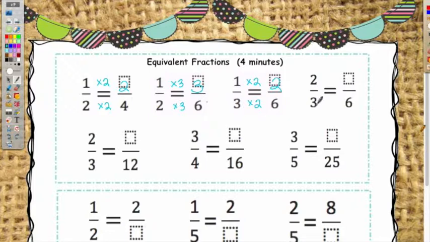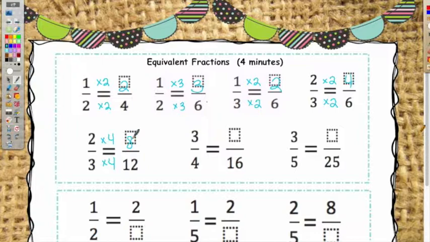Okay? 3 times something equals 6. So 2 times something equals 4. 3 times something equals 12. What is it? 4. So 2 times 4 equals 8.